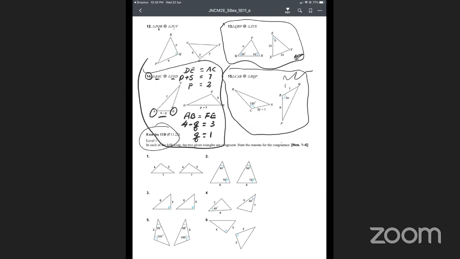Because they are different types, I don't want to just mix everything up and then you will be very confused. That's why we just stop here and then we'll do exercise 11B tomorrow. Okay, they are different kinds of questions. And you can try the other questions in exercise 11A if you want.